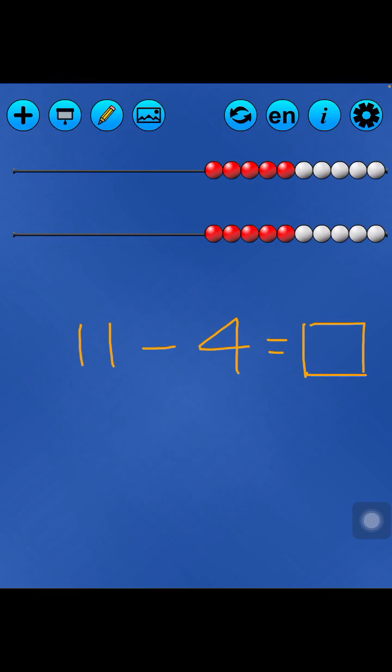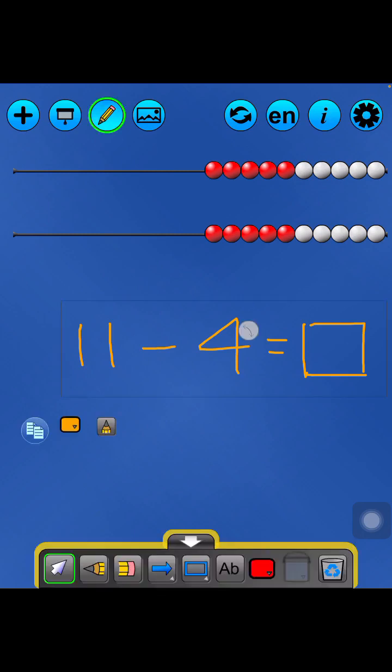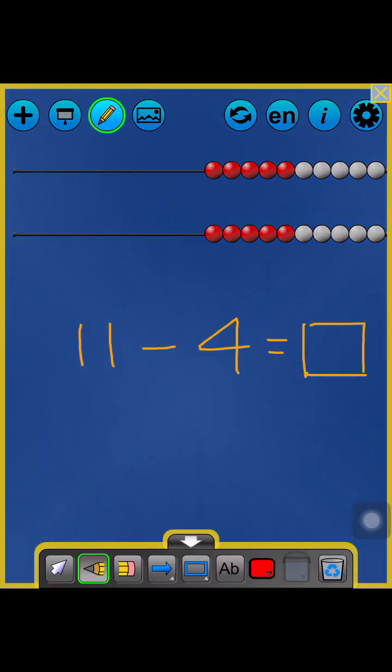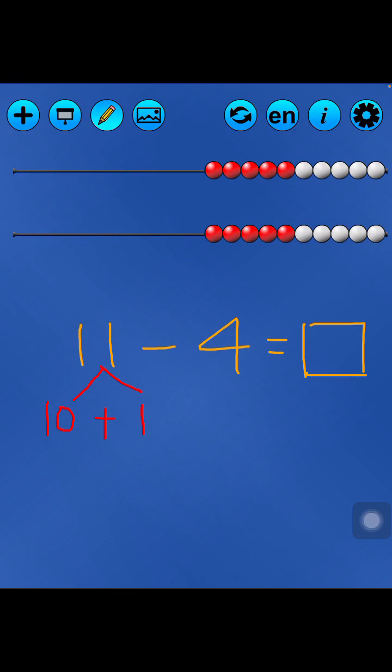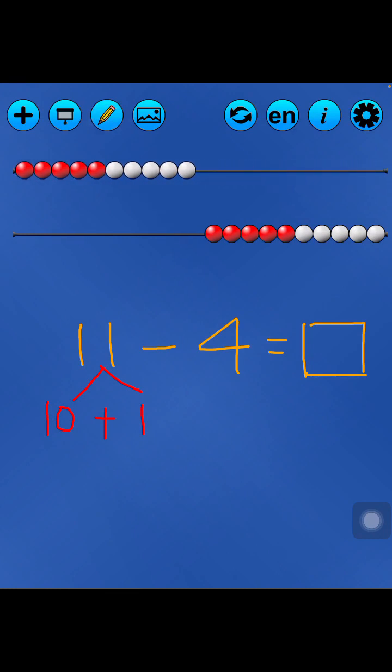And then we talk about question 3. In question 3, we need to find 11 minus 4. Again, we split 11 into 2 parts, which is 10 and 1. So we move 11 bits to the left hand side. 10 bits plus 1 bit.